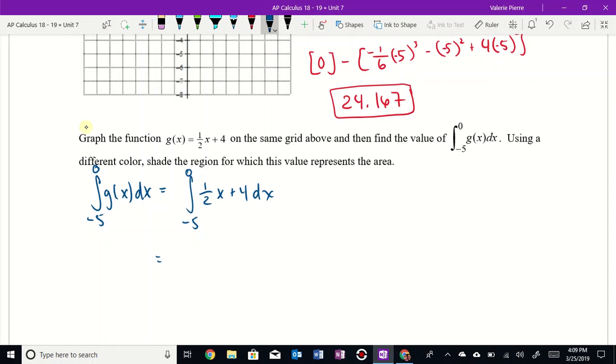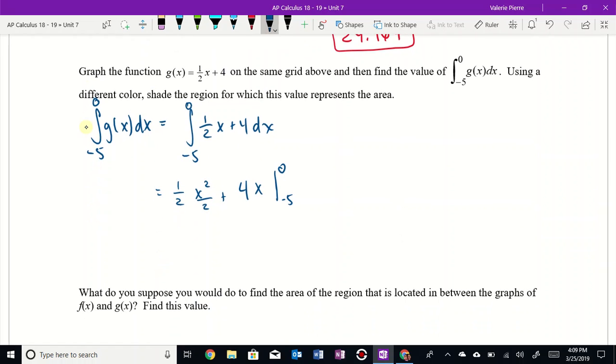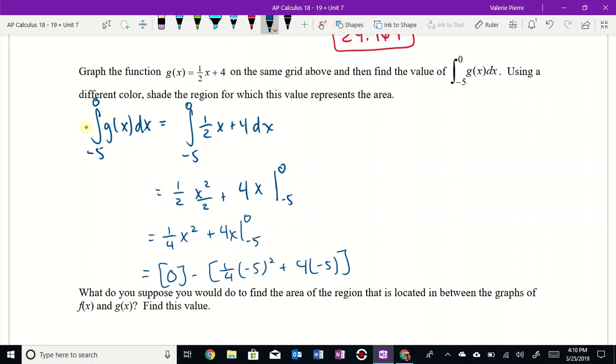So that's 1/2 x squared over 2 plus 4x, going from negative 5 to 0, which is 1/4 x squared plus 4x from negative 5 to 0. Plug in 0, I get 0, minus 1/4 times negative 5 squared plus 4 times negative 5, which is equal to 13.75.